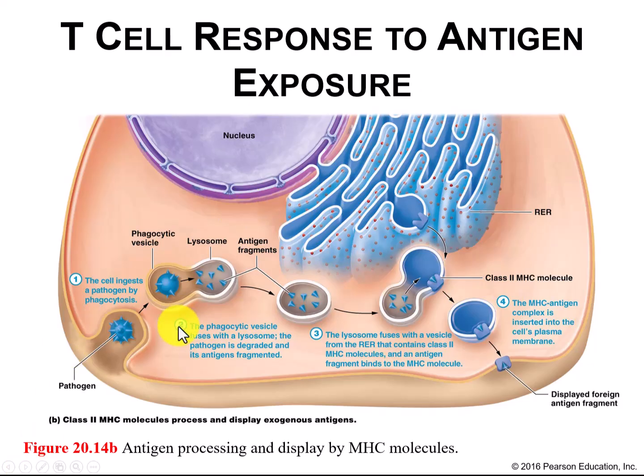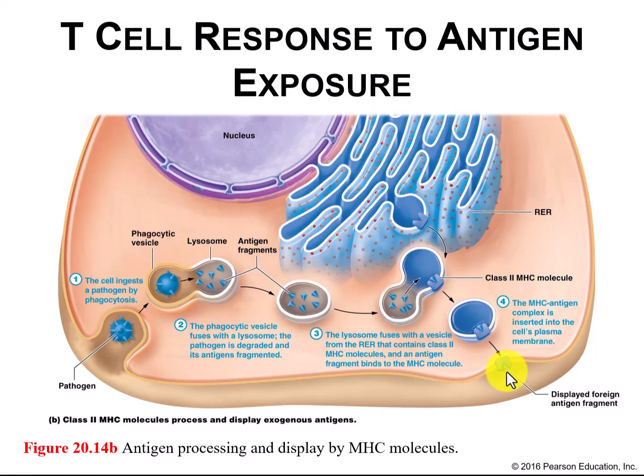Whereas MHC2 presents exogenous antigen. So the phagocytic cell takes in an antigen, joins it with the lysosome, and breaks it down. Then those fragments are joined with the MHC2, which is coming out of our rough endoplasmic reticulum. Those two vesicles fuse together, and the antigen is put into the MHC2 and presented on the cell surface.